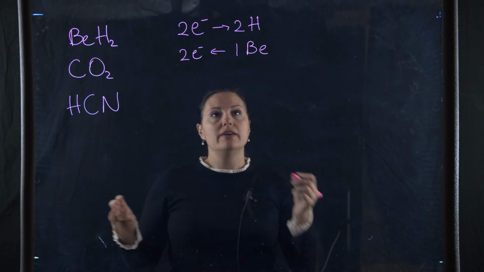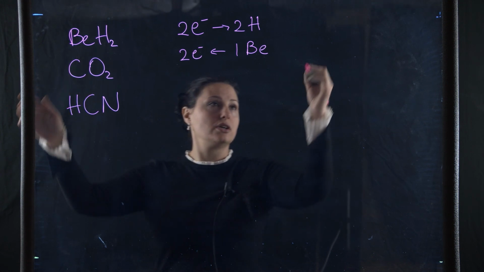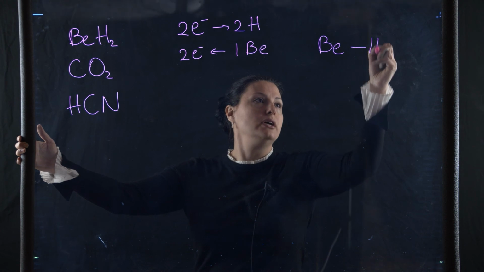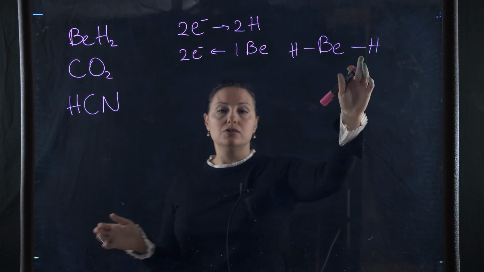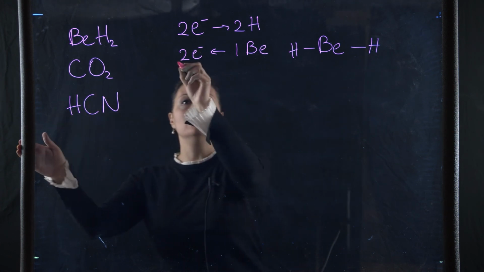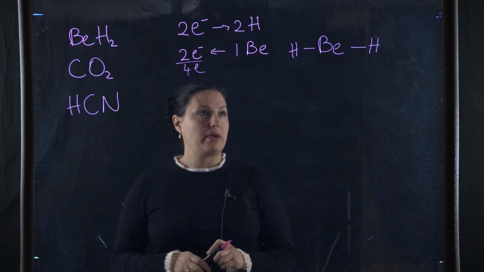If I were to draw this molecule, beryllium is the one I have the least of, so it's going to be the central atom, and the hydrogens have to be terminal, they have to bond at the ends. I have a total of 4 electrons here. I've used 2, 4, and therefore I'm happy.